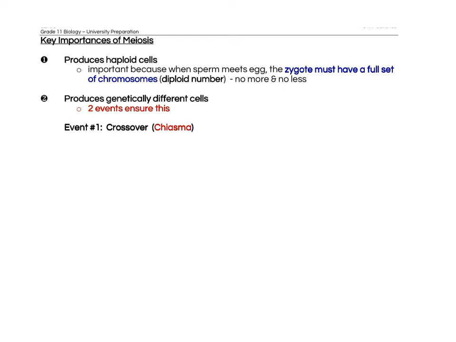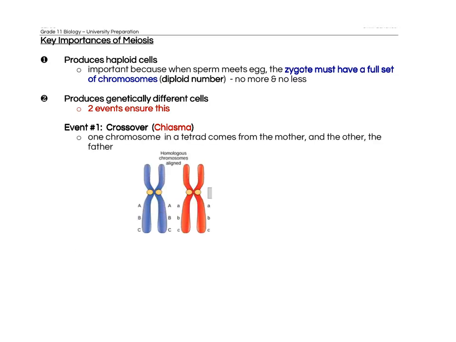So the first event is what we call crossover, or chiasma is the German, or the Latin name for that. And so you'll remember that this happens during, try to think of the phase where this happens. Well, it happens during prophase 1 of meiosis 1. So, what's going on here?